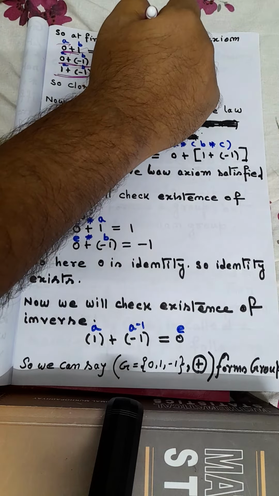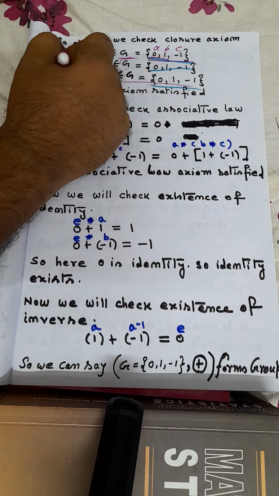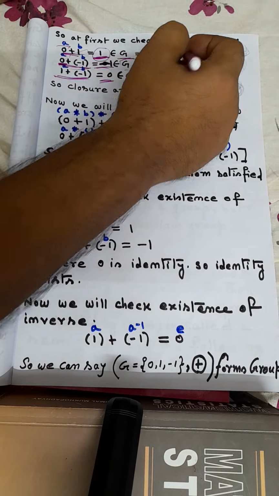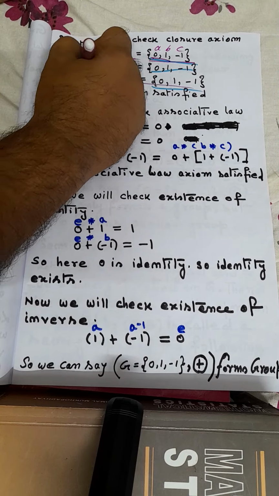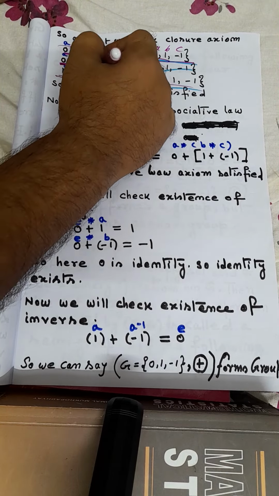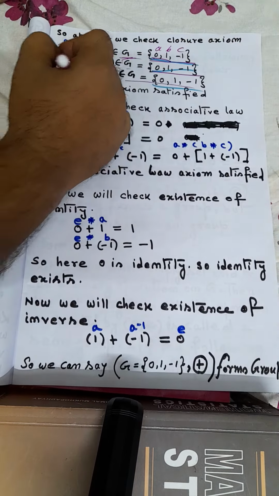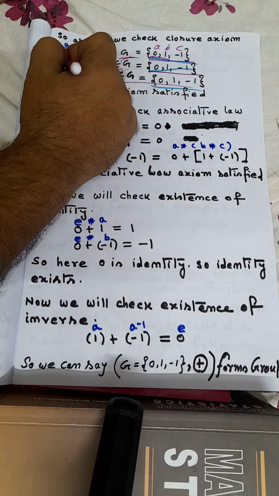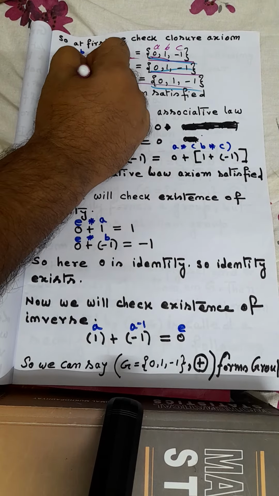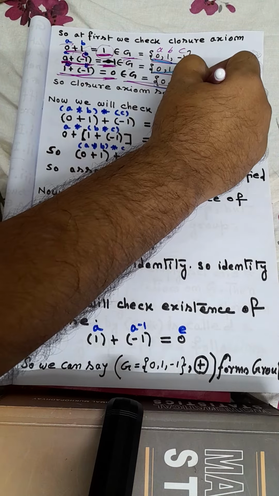That belongs to set G. Then we are adding 0 plus -1, that is A plus C. Again we are getting -1, that also belongs to G. Again we are adding 1 plus -1, that means B plus C, and we are getting 0, that also belongs to G, right?